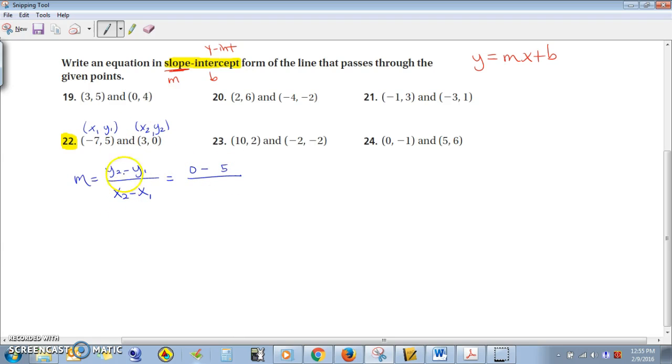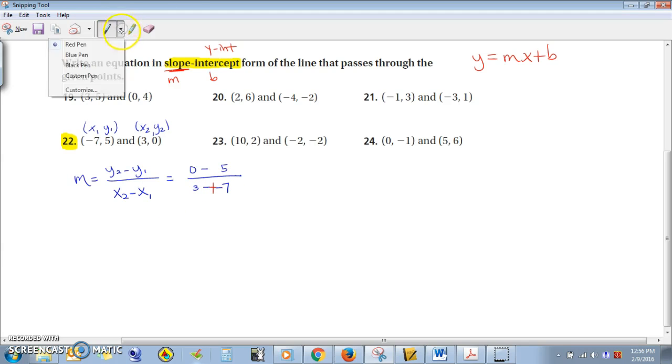And then on the bottom, x2 minus x1. So x2 is 3 minus x1 is negative 7. So minus a negative 7, when you take away something bad, that's good. So when you subtract a negative, that turns into a positive.